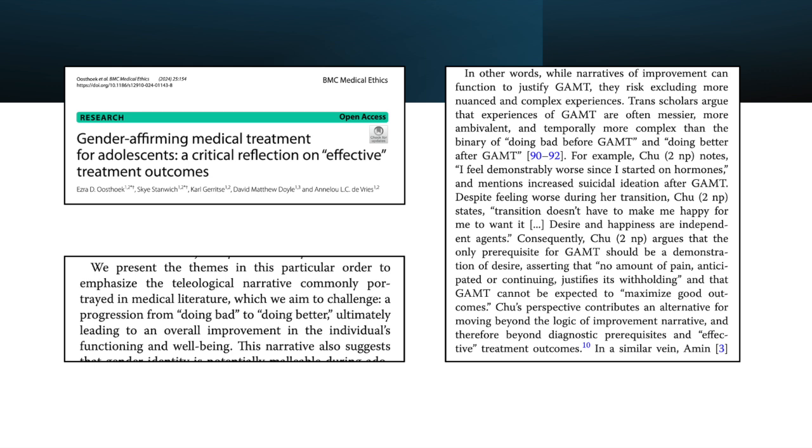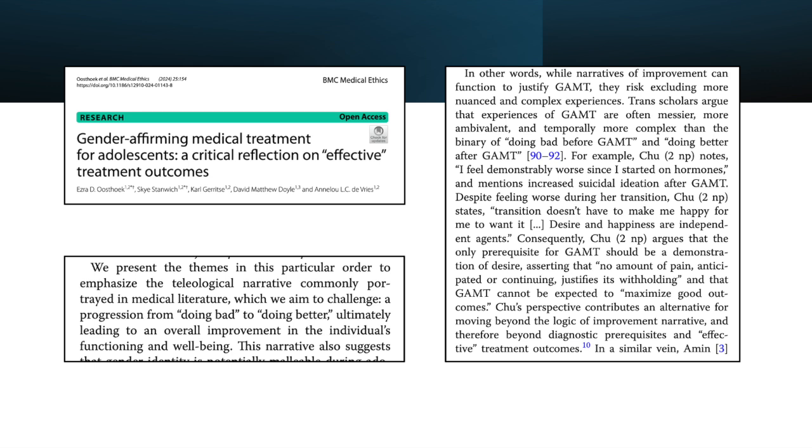They cite Chu here. Chu notes, quote, I feel demonstrably worse since I started on hormones, and mentions increased suicidal ideation after treatment. Despite feeling worse during her transition, Chu states, quote, transition doesn't have to make me happy for me to want it. Desire and happiness are independent agents.